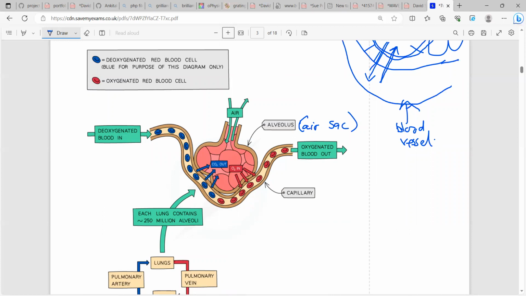So the alveolus is where gaseous exchange takes place in a human being. And as you can see, right around the alveolus, we have those blood vessels, usually capillaries there, right? And the capillaries will be containing blood flowing in that direction. I can track my pointer. So we have blood flowing in that direction.